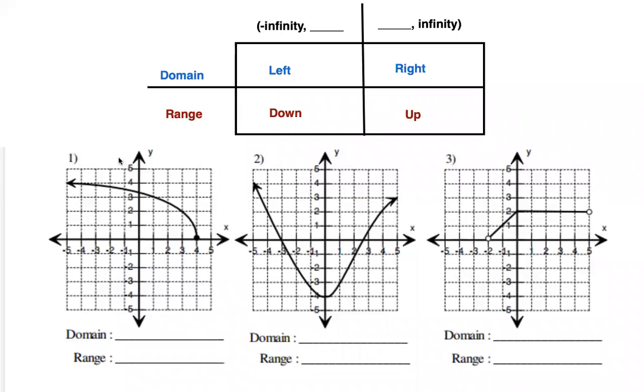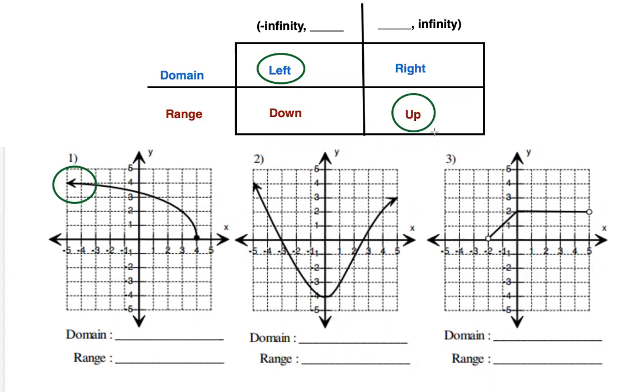Starting with number 1, I always want to take a look at this arrow first, just to get that out of the way. Now this one is clearly pointing to the left. I'm going to circle left. For up and down, I'm going to say it's going pretty straight, but a little bit up.